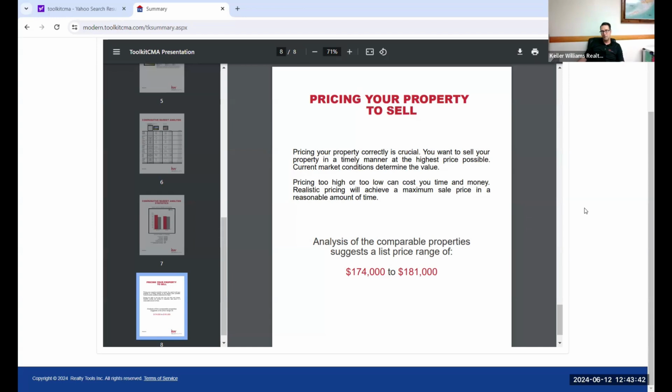What I do in that case, if I have to use one, is go on the county site, find each property I'm using. If you're familiar with the county site, you know how it breaks up the land and then the improvement on the land, so the building.